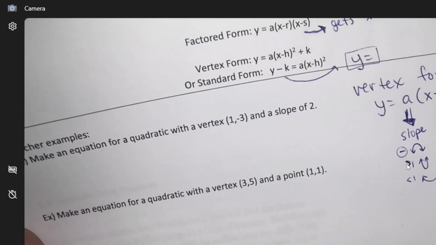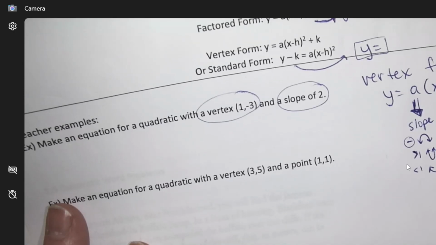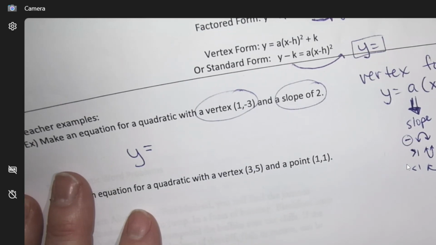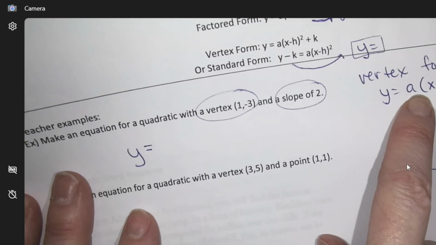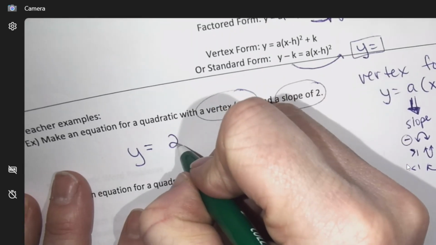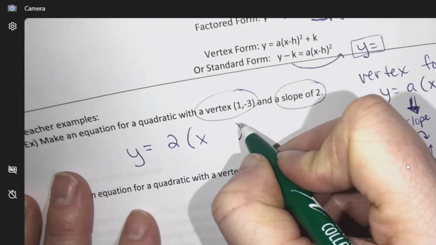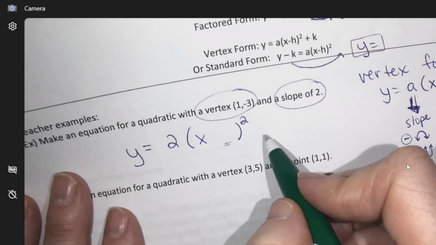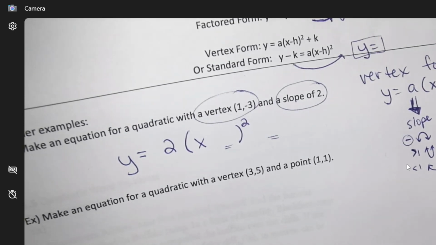Okay, so number 1, make an equation for a quadratic with a vertex and a slope. So here we go. Y equals, well, the slope is 2, so I'm going to put that into the A spot, bracket, okay, now I'm going to fill in these numbers.